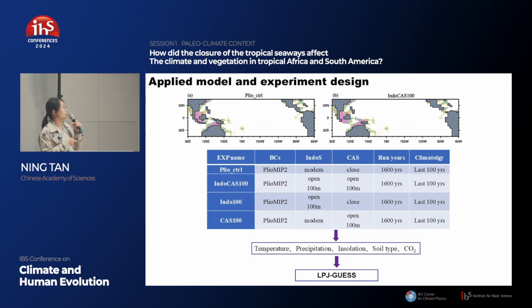So by comparing the control and the opening states, we can know their closure effect. We have done a combined two-seaways simulation, and two separate cases to consider the single effect. And we passed the critical variables to the vegetation model to get the response of the vegetation.